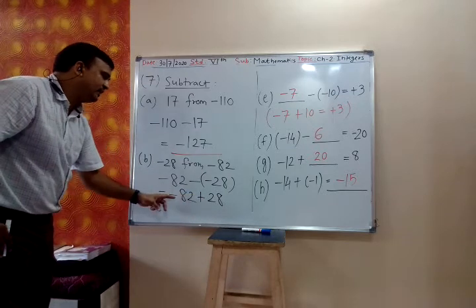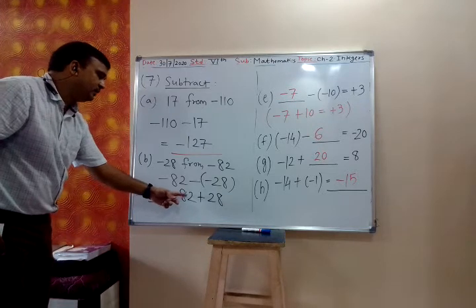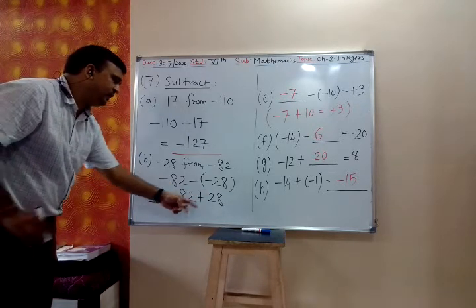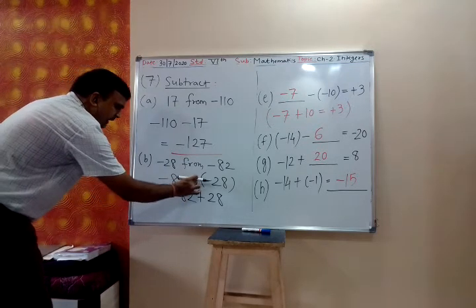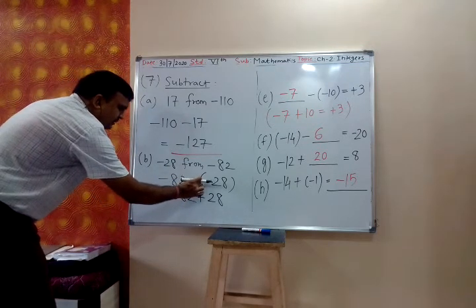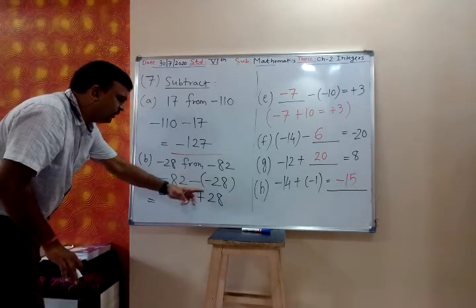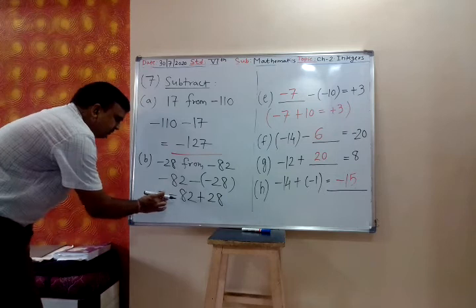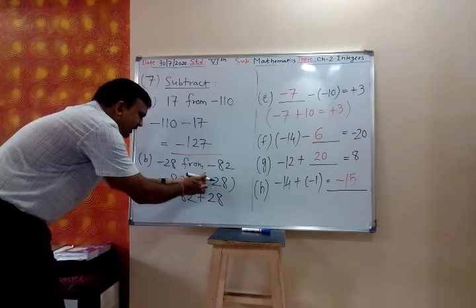Whenever they have opposite signs, you have to subtract the numbers and take the sign of the bigger number. So 82 minus 28. Because minus signs are together, I will write plus.